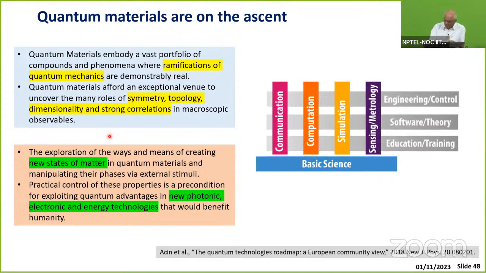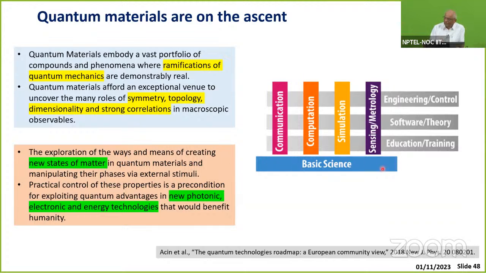The quantum materials are on the ascent, right? They employ a vast portfolio of compounds and phenomena where the ramifications of quantum mechanics are demonstrated to be real. Quantum materials afford exceptional value: symmetry, topology, dimensionality, and strong correlations in macroscopic observables.